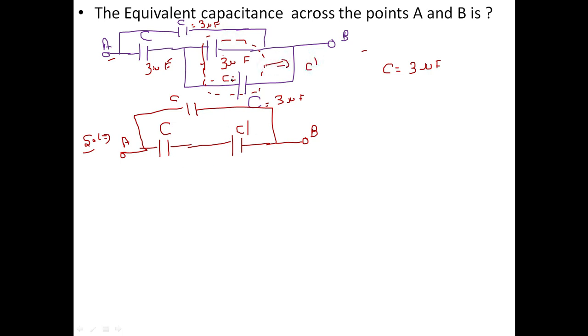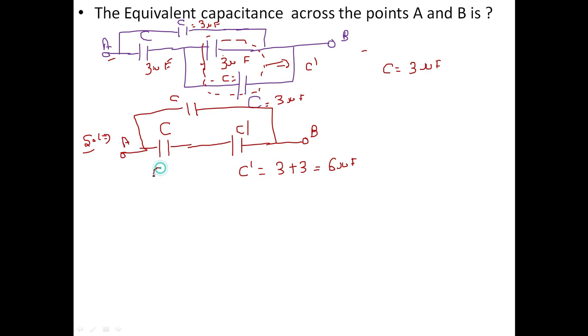So what is the value of C dash? C dash is 3 plus 3, that is 6 microfarad, because they are in parallel we add them. It's just opposite of a series circuit.